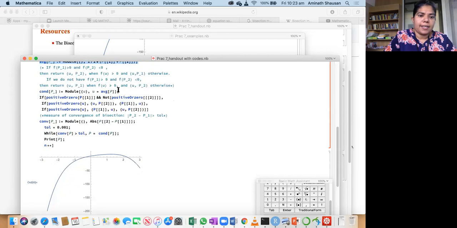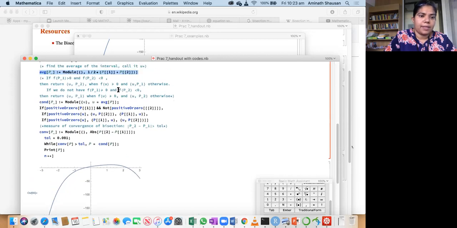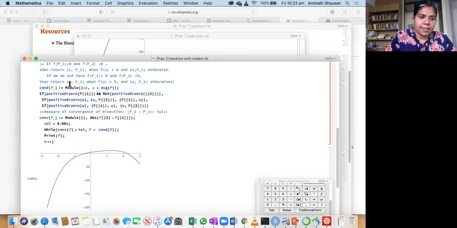So that's the idea behind that condition. This is the condition module I've used.